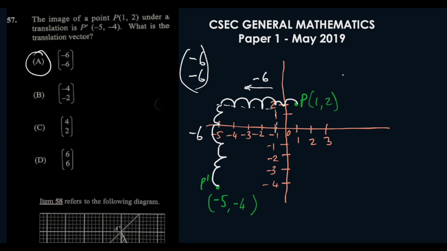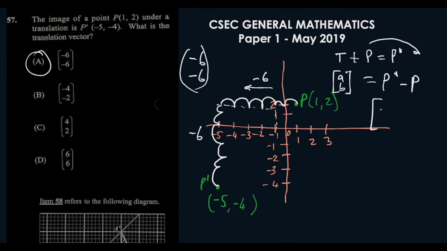Now, if you wanted to do this through calculations, you could basically say that I had some translation. Whatever the translation was, I added it to P and I got P prime. So, do I have the translation? Nope, I do not. So if I wanted to get translation T, I need to get rid of this P, put it on the other side, so then I'll end up with P prime minus P. So what is P prime?